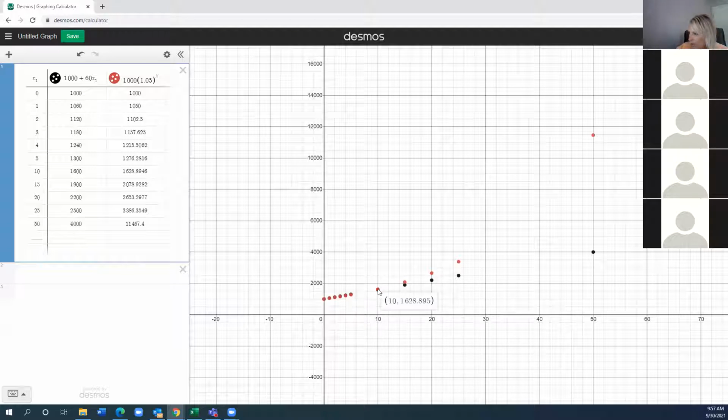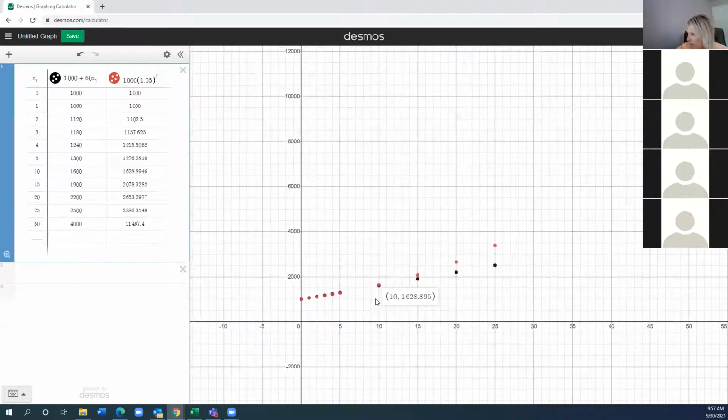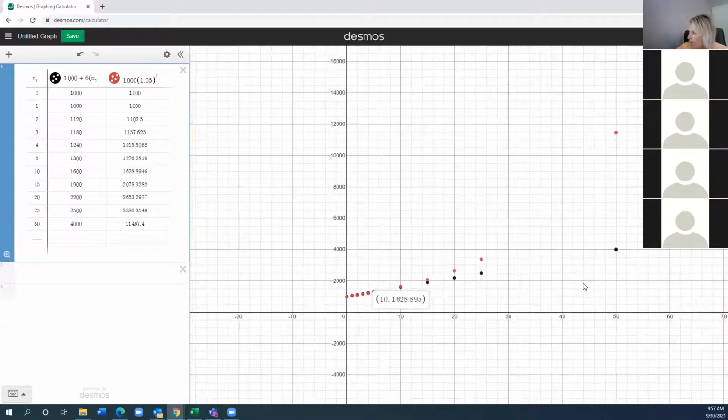We can click on year 10 and it will tell us that's the red. We'd have to zoom in a little bit to see, but it looks like, you're right, Brandon, somewhere between 9 and 10 is where the exponential became bigger and really made a jump up above the linear, the simple interest.